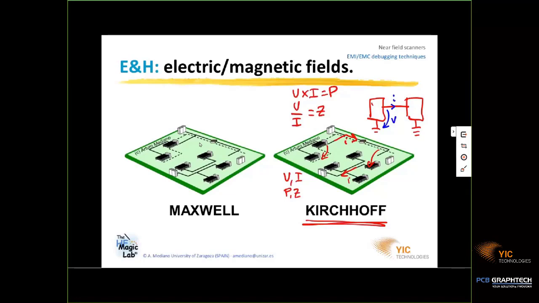But sometimes we need to analyze the circuit from the electromagnetic point of view. That means Maxwell theory. So for example, consider that electric field is something that I draw in red color. Electric field in my circuit is something like this around the components, around the traces. Remember, in electromagnetic theory, the energy is not inside of the wire, inside of the traces, it is around the components.